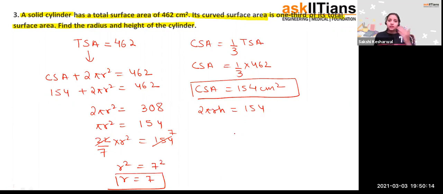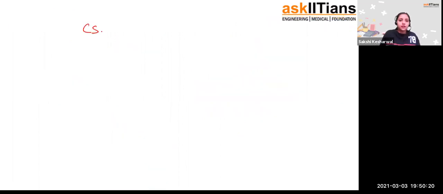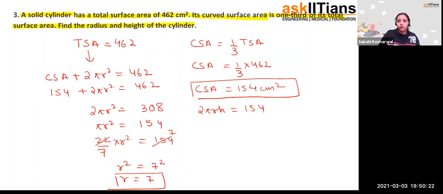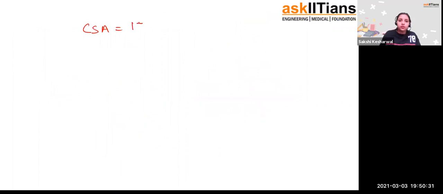Height you can find using either the CSA or the TSA, wherever you want to. You just put it over there and you get the answer, right? CSA we have is 154. You can put this value in the TSA as well. The choice is yours, but I'll go with the CSA because it is very easy. So 2 pi RH is equals to 154.